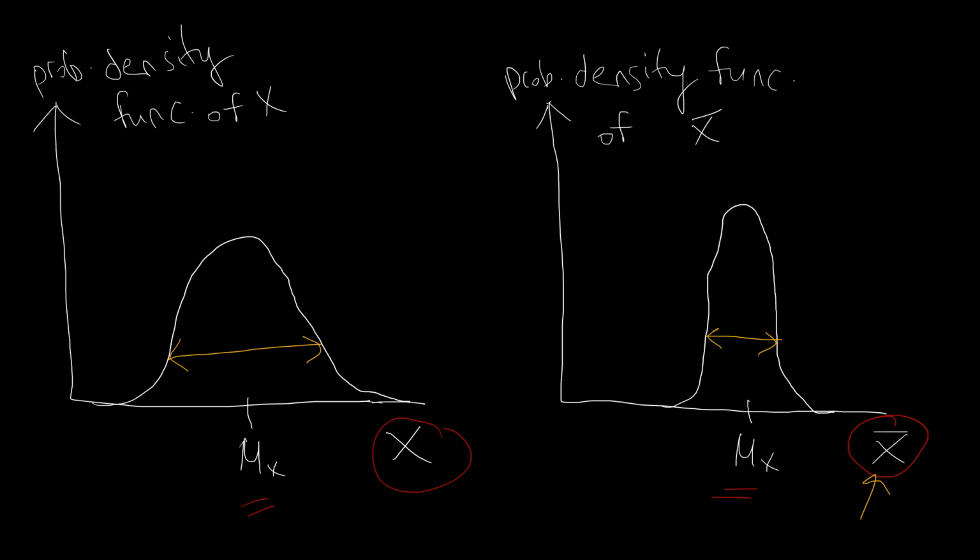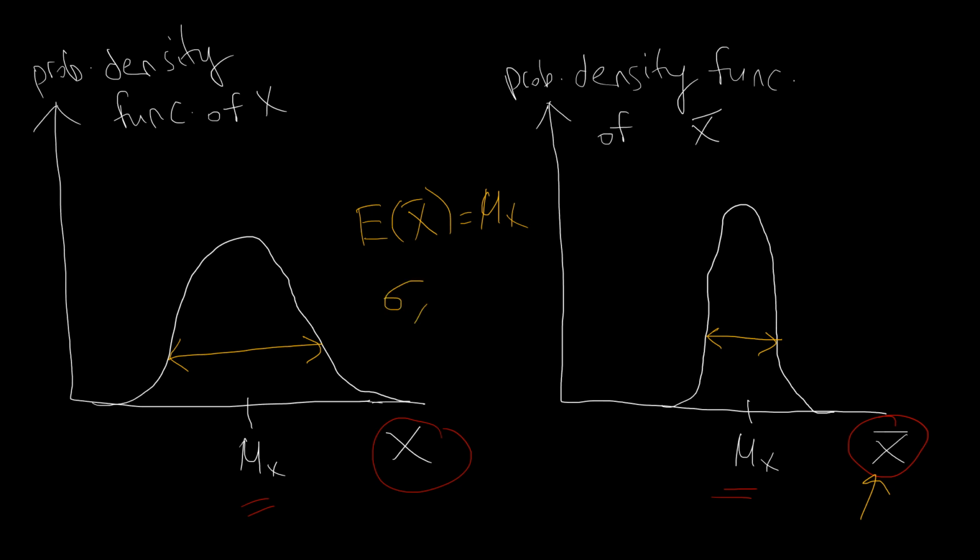So these are two different distributions, and basically I'm going to prove in the next part of this video that we can actually show, mathematically we can prove that the expected value of x bar is equal to mu x, but the variance of x is not equal.